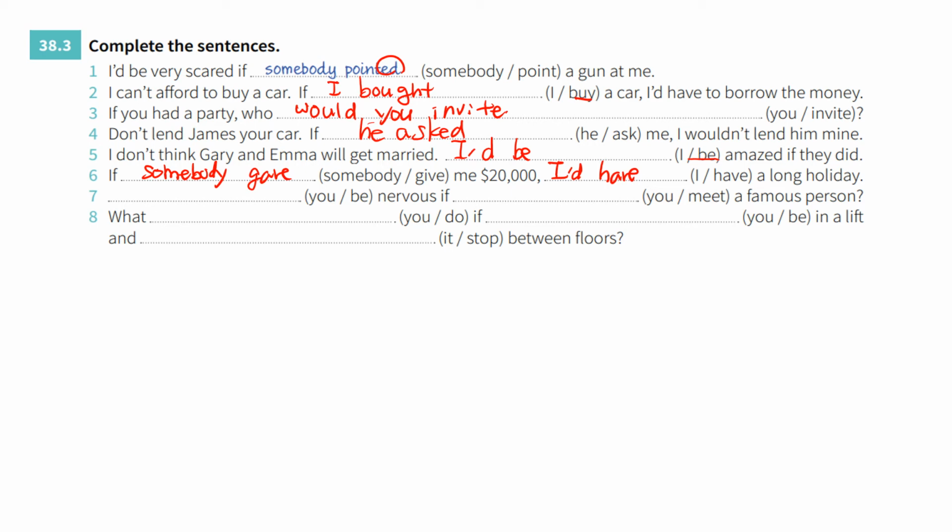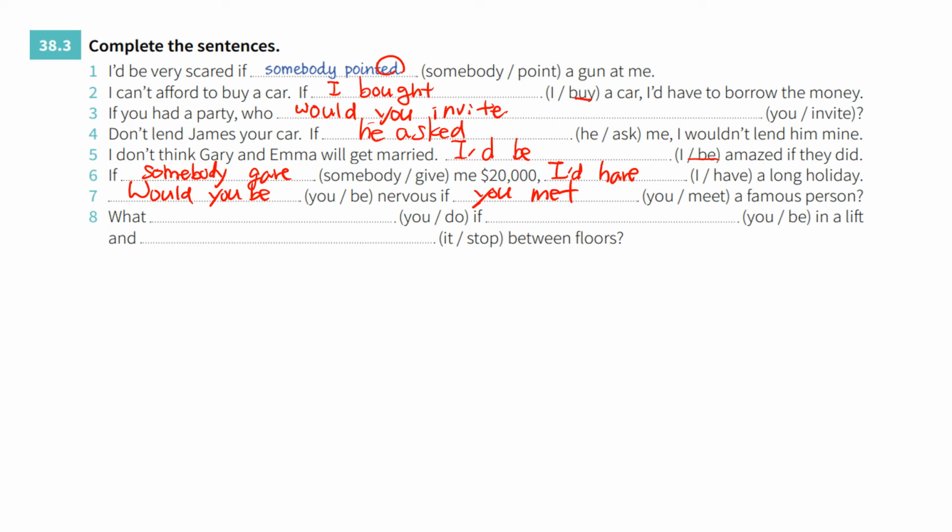So this is imagination again, not possible. Would you be nervous? Would you be nervous if you met a famous person? Number 9, what blank you do if you be in a lift and blank stop between the floors?